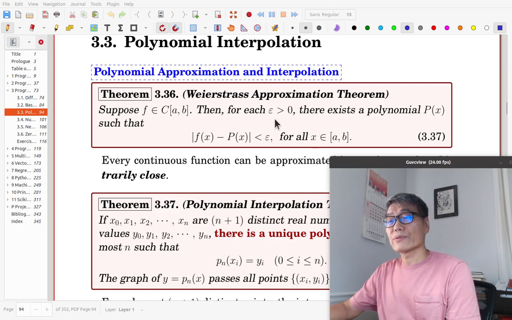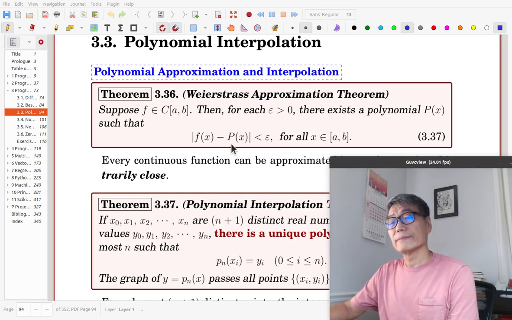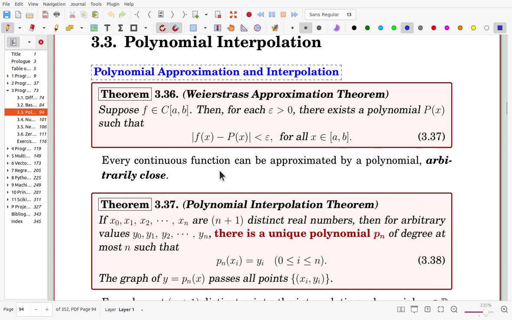You can choose epsilon arbitrarily small, but for the choice, again, you can find a polynomial such that this inequality is satisfied. The theorem implies that every continuous function can be approximated by a polynomial arbitrarily closely.